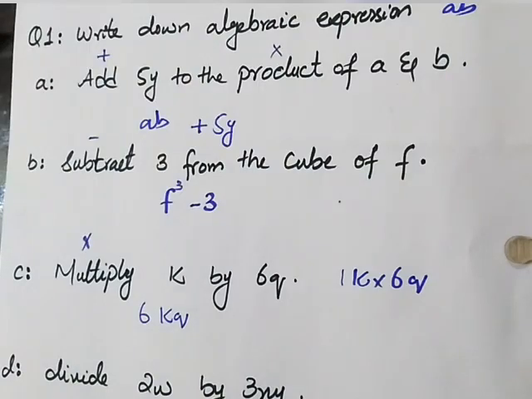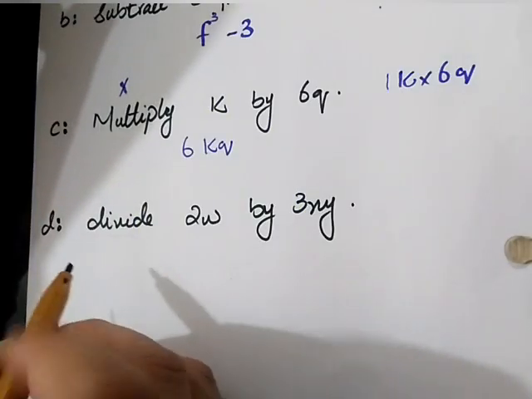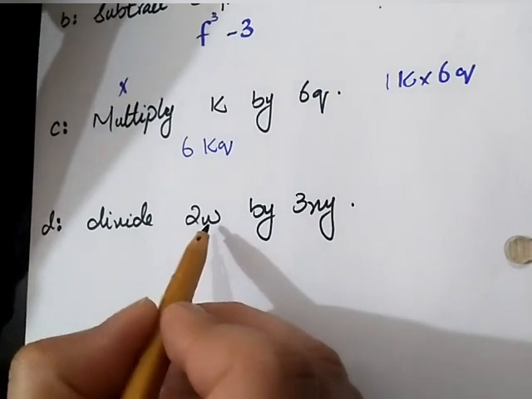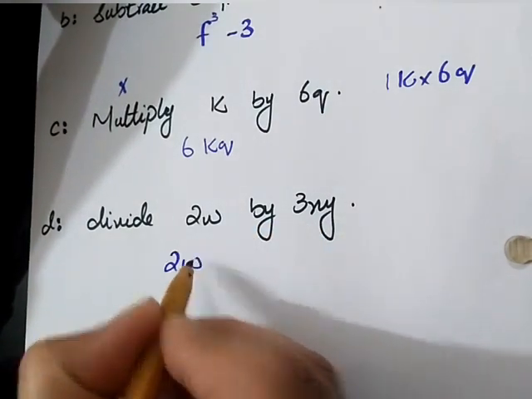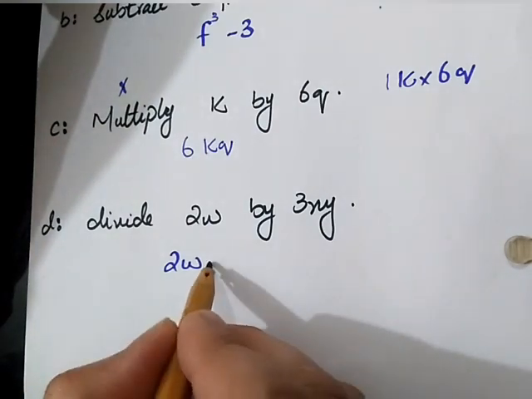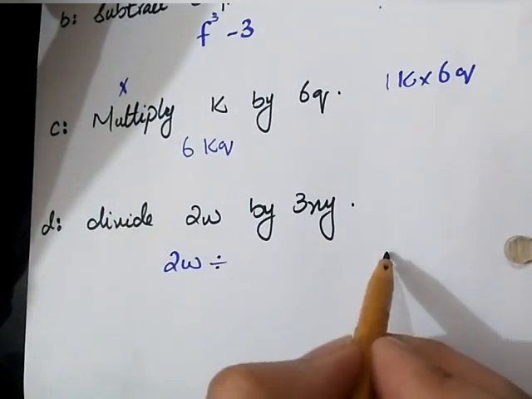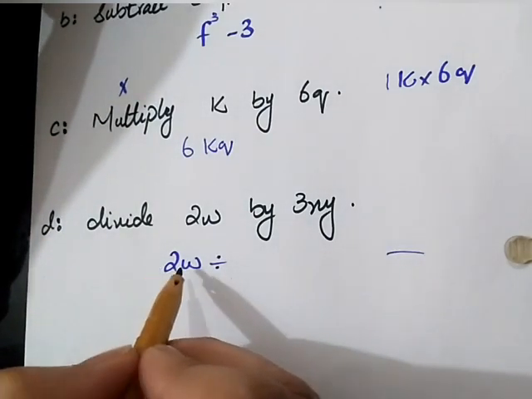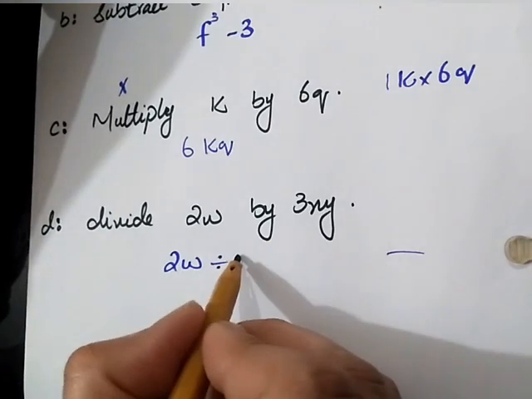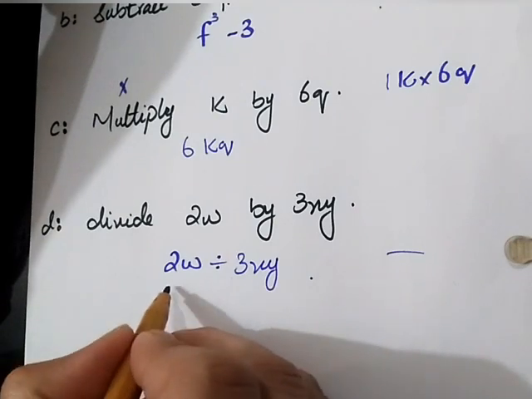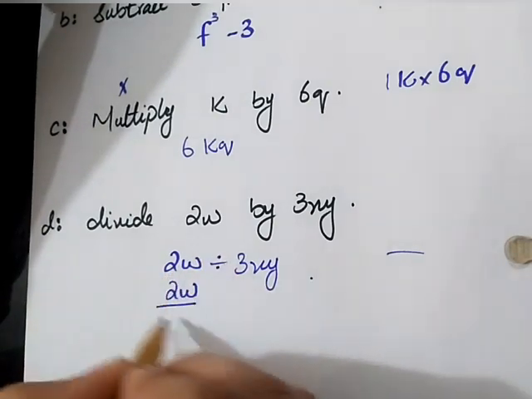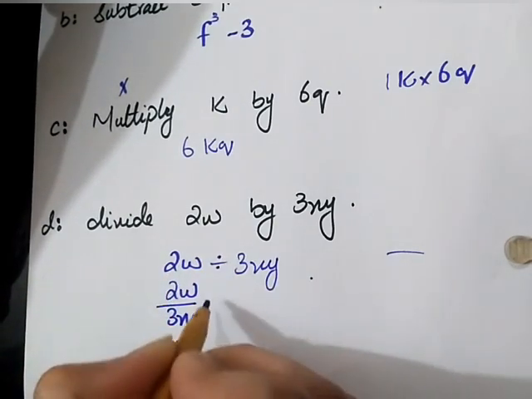Now move towards the D statement: divide 2w by 3xy. 2w is going to be divided by 3xy. You can put this sign or you can also put the sign of fraction. You can write like this, or you can also write 2w divided by 3xy.